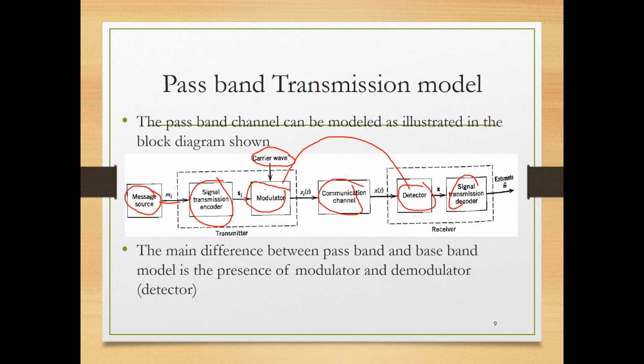What's the difference between passband and baseband? In the previous semester I asked you this. Baseband, you are still in the low frequency range, around 0. You didn't use a high carrier frequency. But passband, you multiplied with the carrier wave, the sinusoidal signal, with FC.